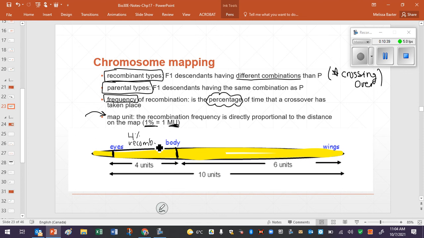Between the gene for body and the gene for wings, I indicated there were 6 units. Clearly, this is very well drawn to scale. That would mean that between the gene for body and wings, there was 6% recombination. So 6% of the time, crossing over happened between those 2 genes. Since it was 6%, I put them 6 spaces apart on my chromosome map.